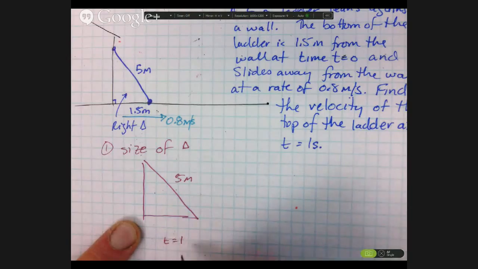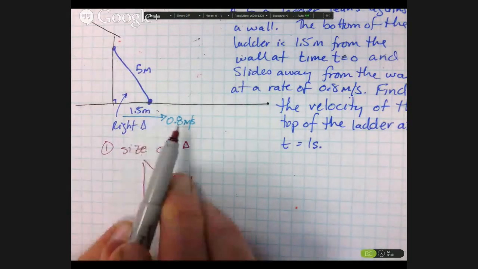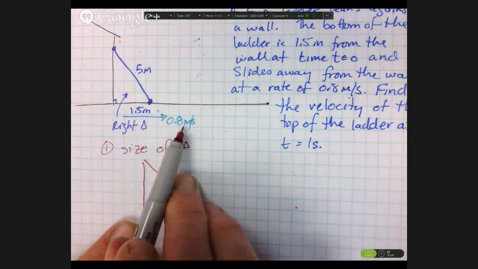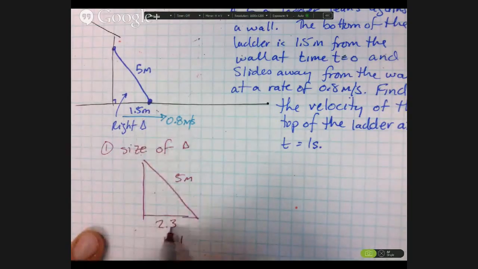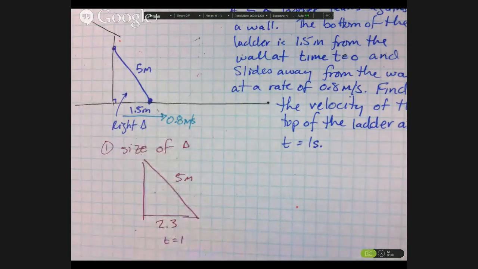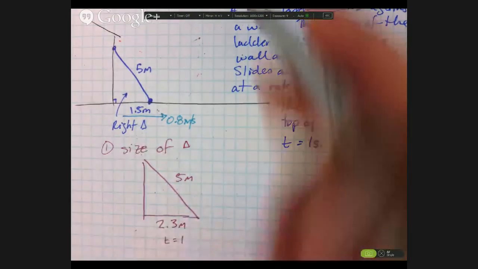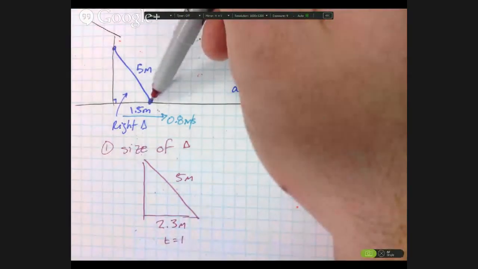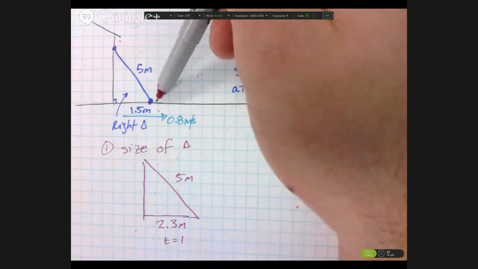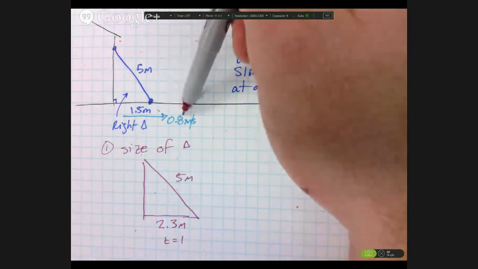At t equals 1. It starts at 1.5 plus 0.8, 2.3 meters. Sliding away. It starts at 1.5. 1 more second is 0.8 more. You have to add them together.